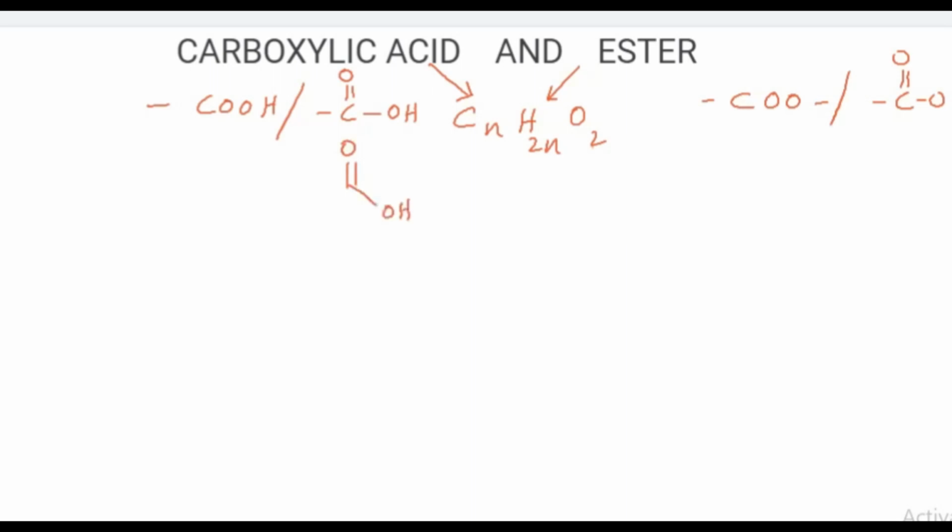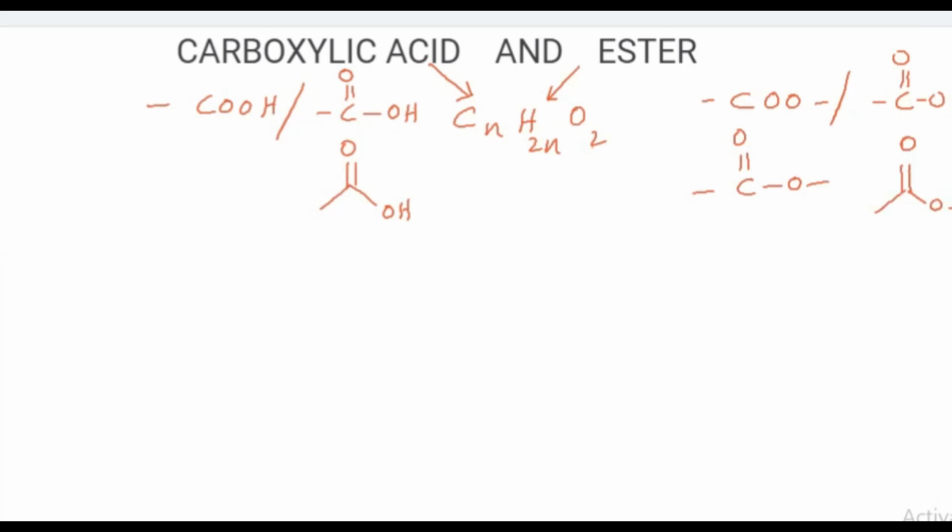You can extend this carboxylic acid on one side. The ester can be extended on either side: here is C double bond O and here is an oxygen, so you can extend this compound on this side and on this side.